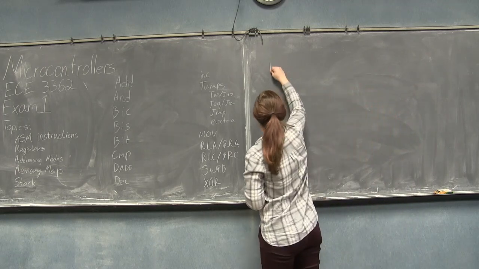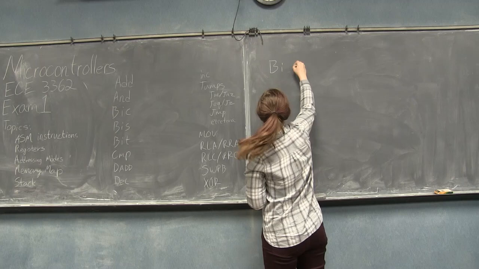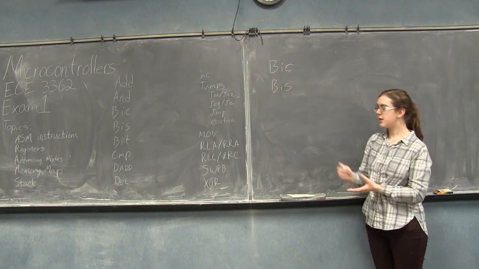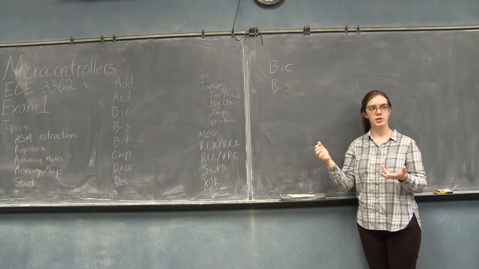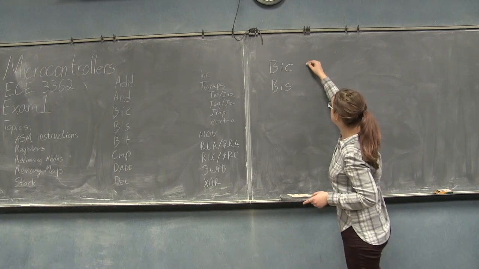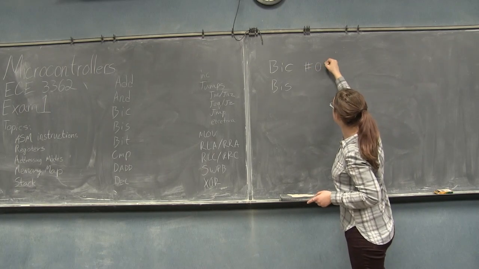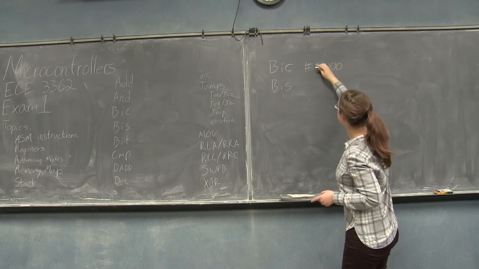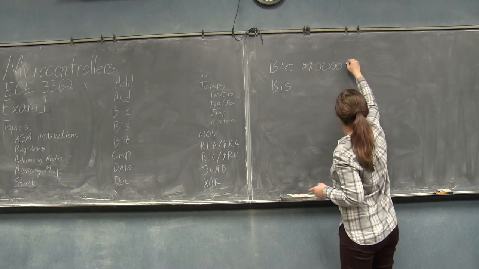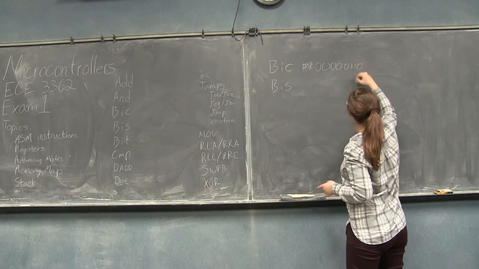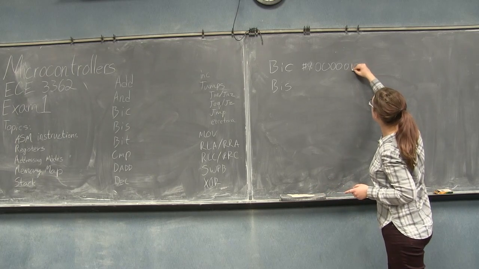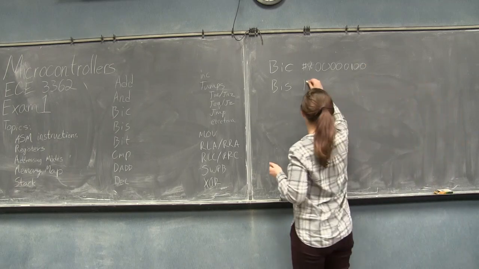let's look at the bit clear and the bit set. Now I'm looking at both of these at the same time because they do pretty much the exact same thing, only slightly inverse. The bit clear is you have some number, usually something that looks more like this, where just one bit is selected, and the same for a bit set.